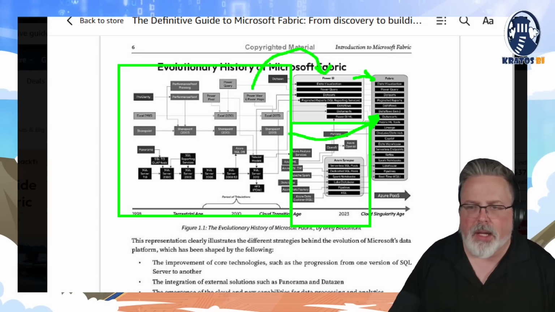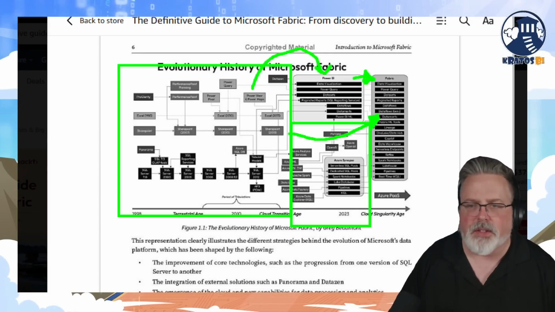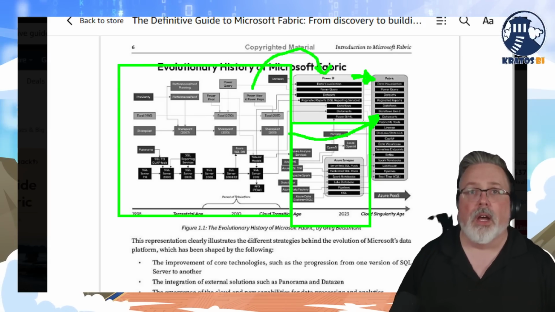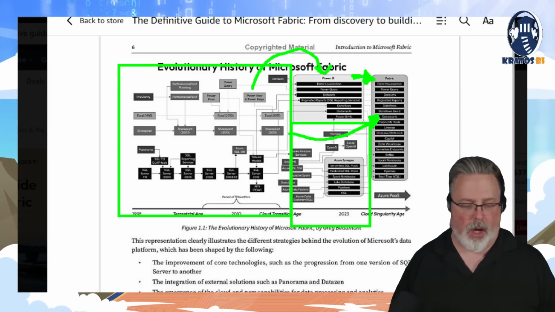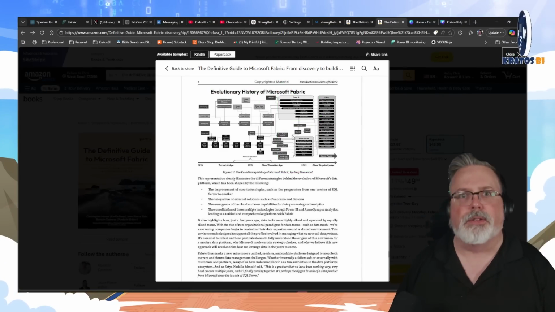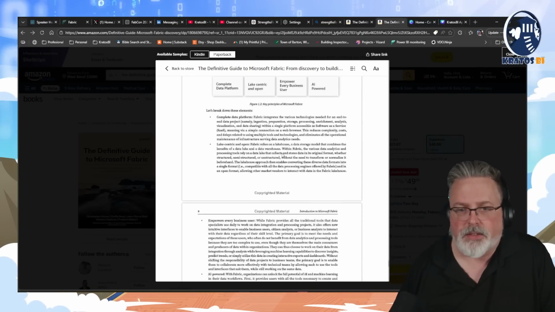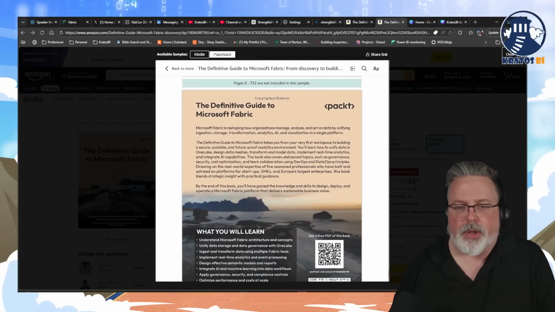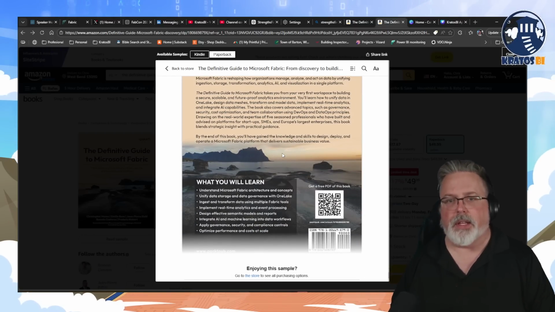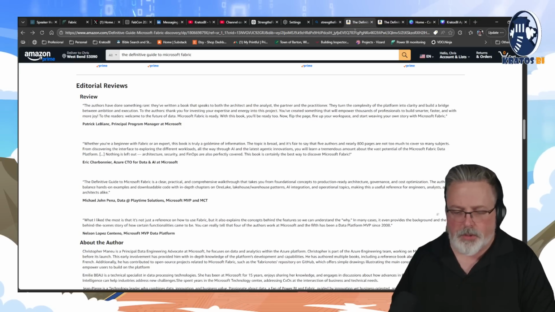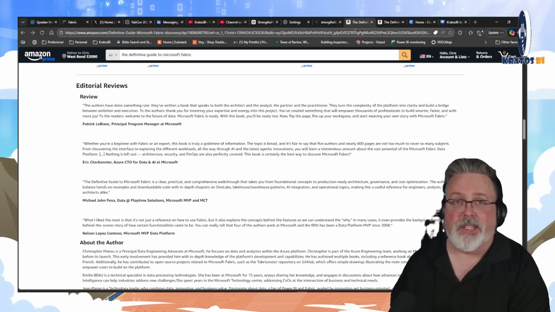So Fabric is an amalgam of existing frameworks and existing processes, all in one space, and it allows you to see all that stuff and understand where it fits into play. It does a great job of breaking this all down. Oh, and now we're at the end of it. But generally speaking, it's a great book to get into it.